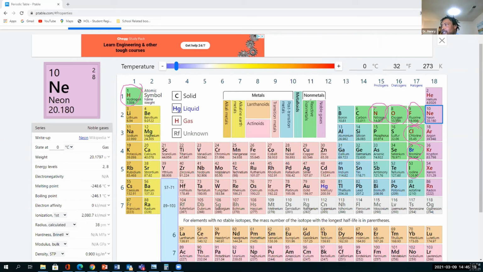So it's hydrogen, nitrogen, oxygen, fluorine, chlorine, bromine, and iodine. So those are your diatomic elements. You want to remember those because those guys, when they're by themselves, are going to form a molecule that's diatomic as an element. Okay.